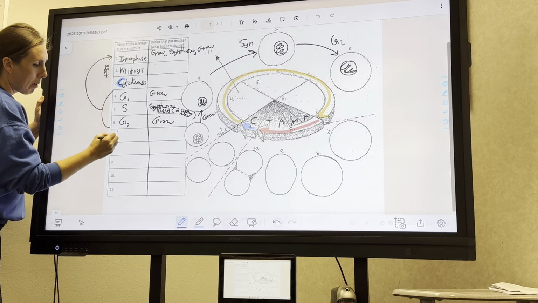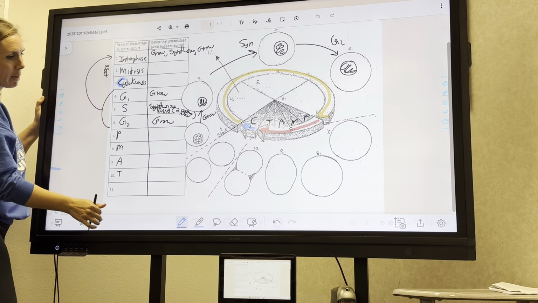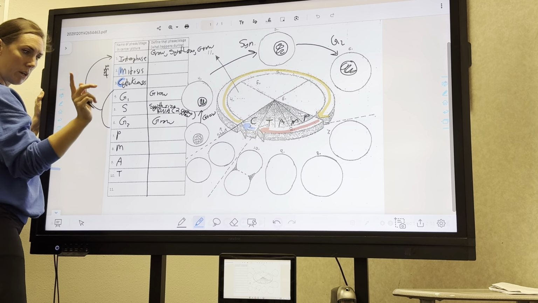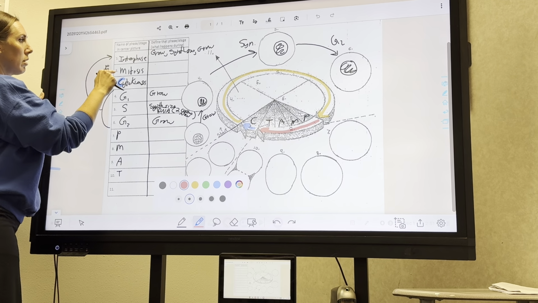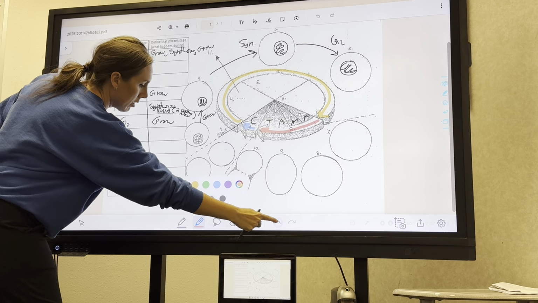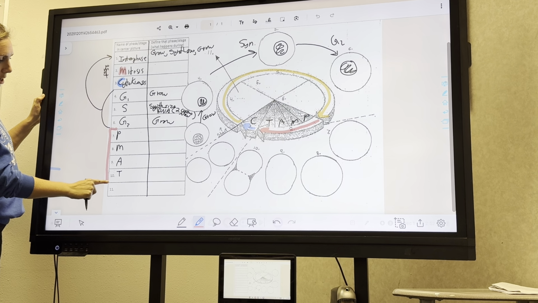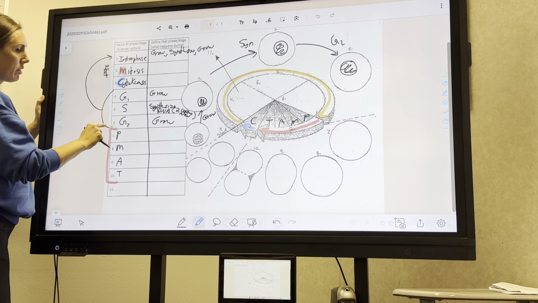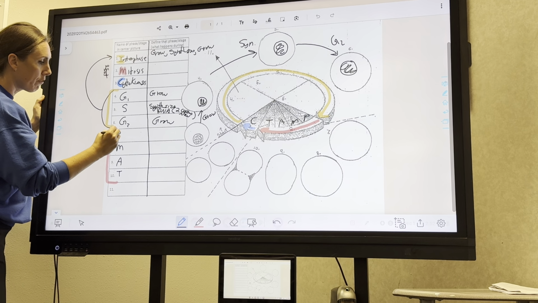Okay, so if mitosis is pink, all of these go with mitosis, just like all of these went right here. Okay, so prophase.